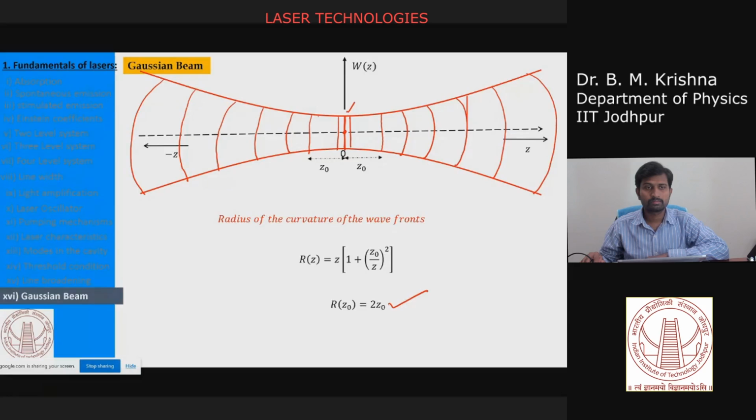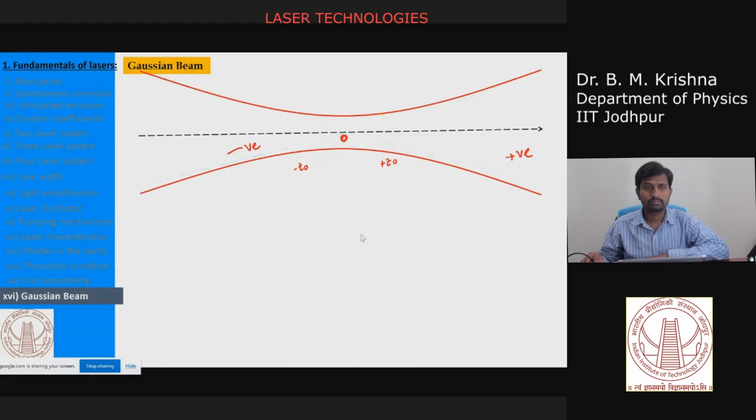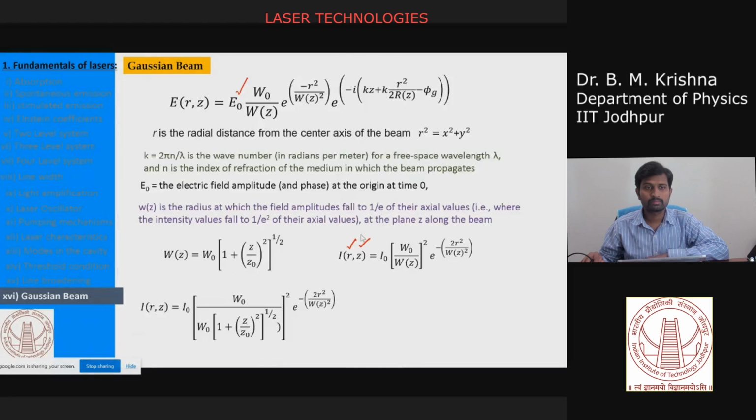So that is why we say the Gaussian beam's amplitude is complex. As you propagate along the z direction, it changes. And not only that, your phase will also depend upon your focal region. As you see in the previous equations, your phase depends upon many factors as it propagates.